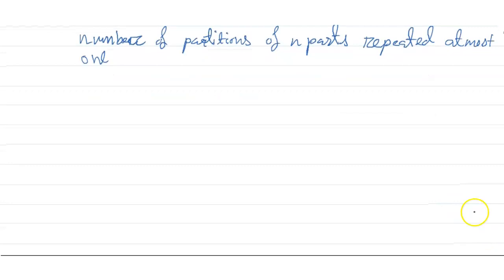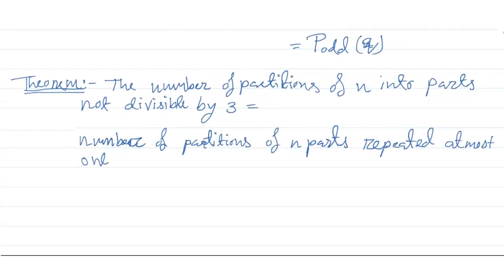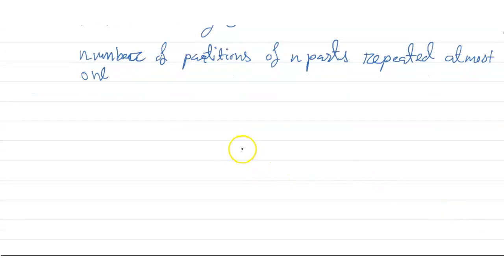So let's start to discuss. Let's compare with the last one. That was odd parts, so we can reinterpret odd parts as parts not divisible by 2, and then we had distinct parts, that is, parts repeated at most 0 times.